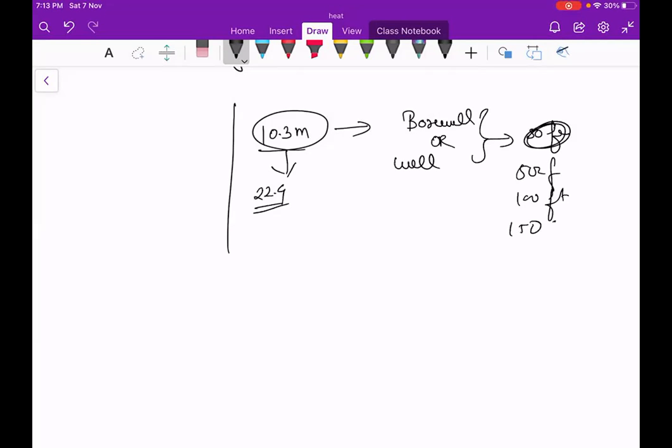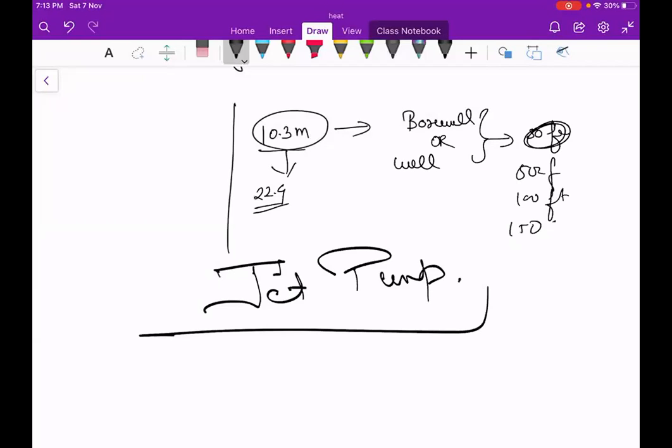So which type of pump is this? That type of pump is a jet pump. They have a special design. Means 10 years back, in 2010 or 2005, that was the era of the jet pump. Now that is replaced by a submersible pump.